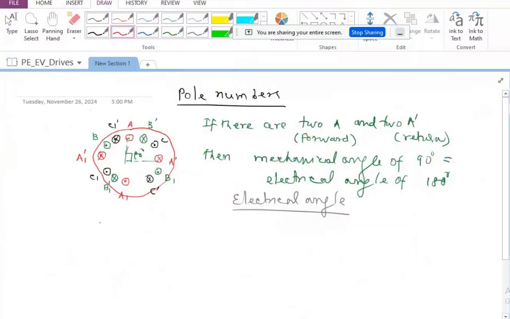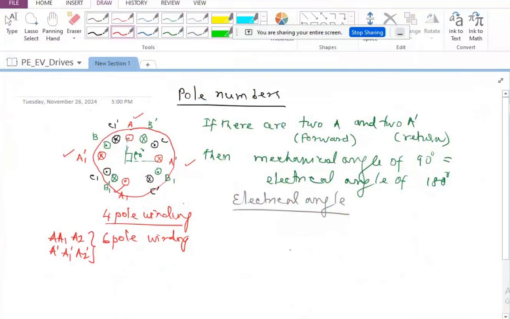Whereas in this particular case, I will be supplying A and A1 with forward current of A phase, A dash as well as A1 dash with return current of A phase. So this corresponds to 4-pole winding. If I am going to have A1, A2 and A dash, A1 dash, A2 dash, that is going to correspond to 6-pole winding.